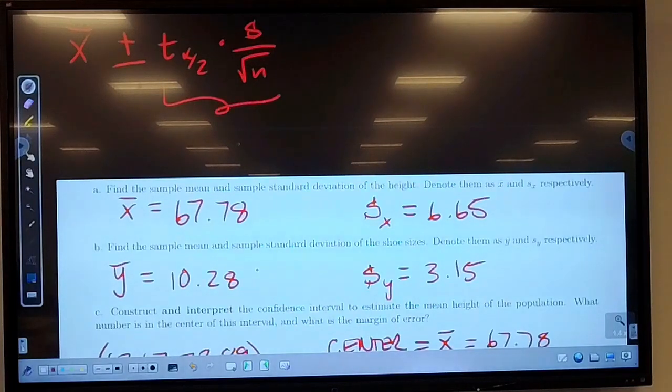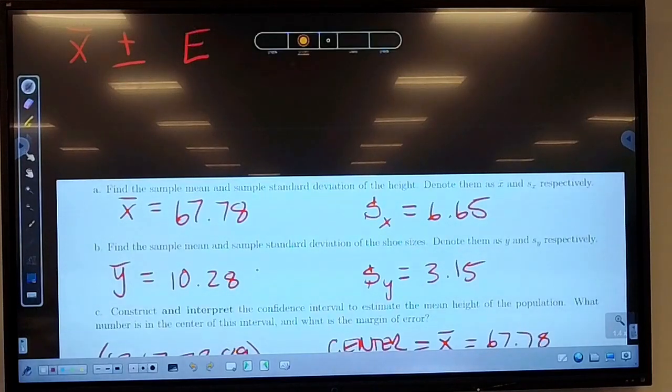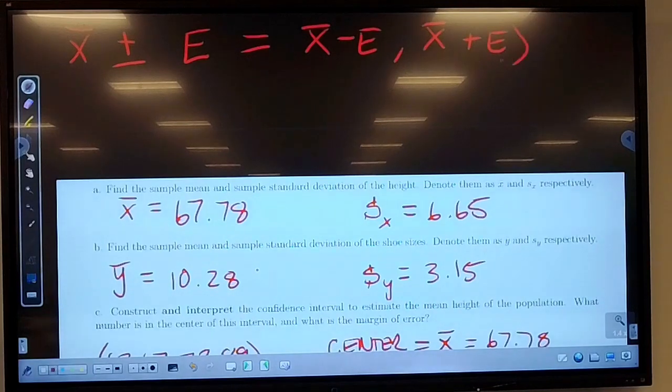This term over here is the error. We will just not have this stuff. We will just say error for now. Because I'm adding and subtracting, I have two numbers. This is exactly x bar minus the error and x bar plus the error. It is this interval.